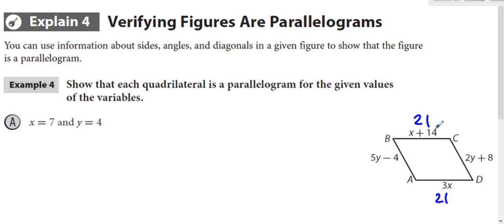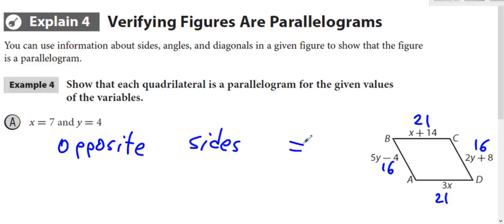And if y is 4, this side would be 20 minus 4, which is 16, and this side would be 8 plus 8, which is 16. So you plug it in, you would get opposite sides are congruent, which means it's a parallelogram. So yes, those values prove it's a parallelogram because opposite sides are congruent.